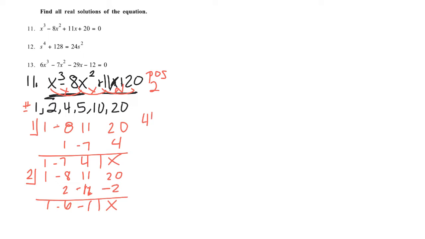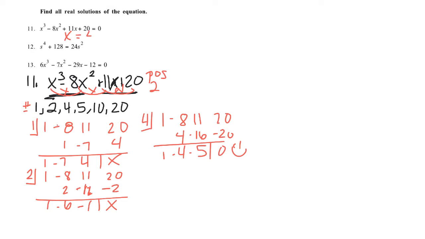Let's try 4. 1, negative 8, 11, and 20. 1, 4, negative 4, negative 16, negative 5, negative 20, 0. So that's a 0. So one of my x's equals 4.